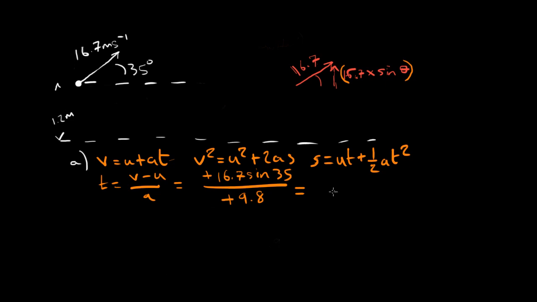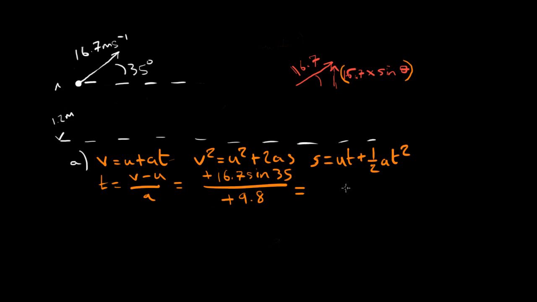And so if I do this now on my calculator, it says 16.7 times sine of 35 degrees. We divide that by 9.8 and we get 0.977. So even to 3 significant figures, well, that would be too much anyway for time.